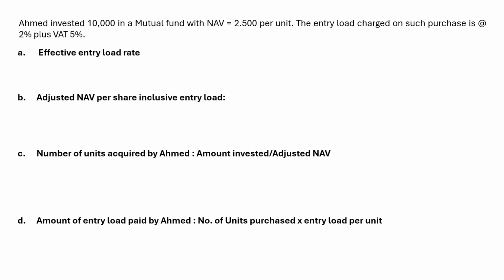So let's start with the first point, the effective entry load. We have to find out what the effective entry load is. The entry load is 2%, so we will write here 2% plus 5% VAT. 5% means 5 divided by 100. 5% of what? 5% of 2%.